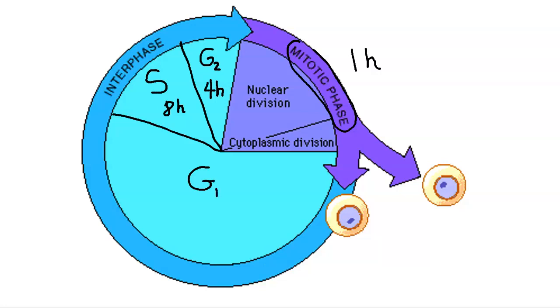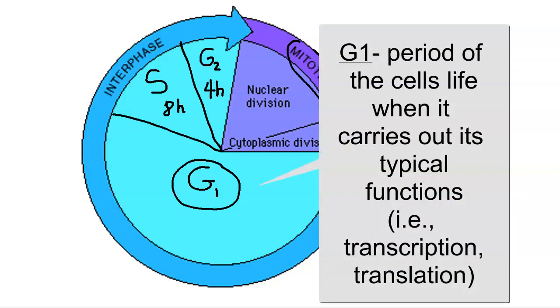And so if you're looking at a cell that has a longer lifespan, a cell that lives a week, a cell that lives a few months or even a few years, you're looking at that cell spending much of that time, most of that time, in G1. And G1 is when the cell does its everyday job, so it makes sense it would spend all that time in G1.